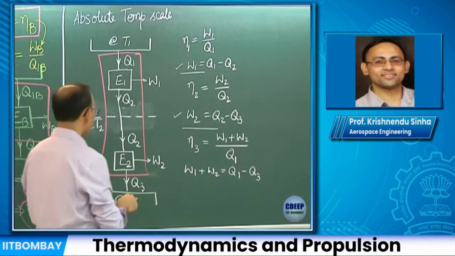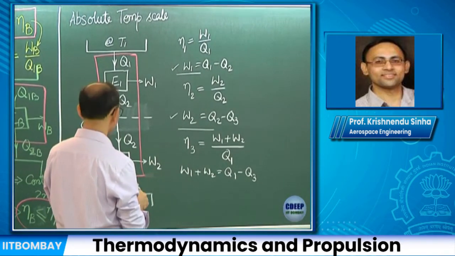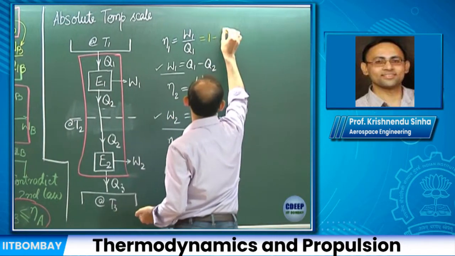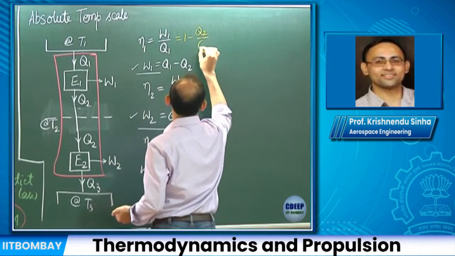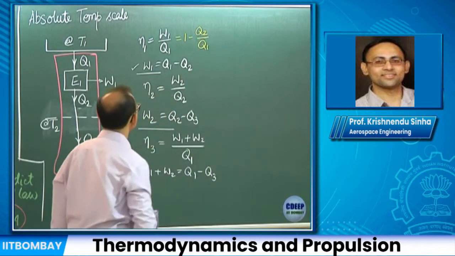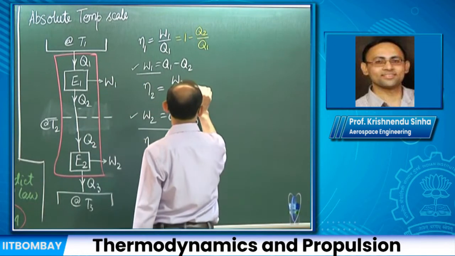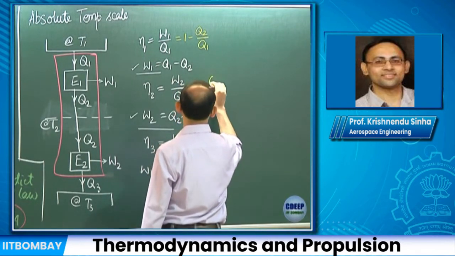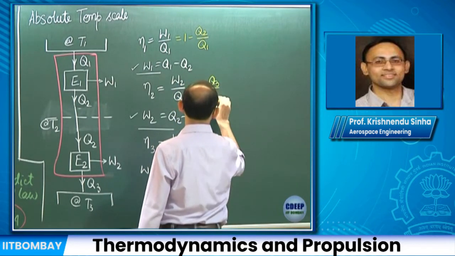And then I'm going to make a few changes to this, which also we are aware of. I'm going to write this as 1 minus Q2 over Q1. Eta 2 is 1 minus Q3 over Q2.